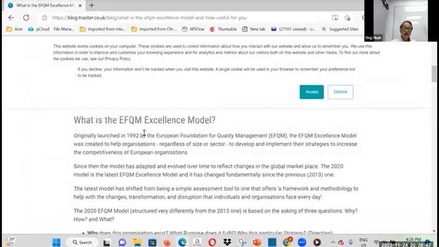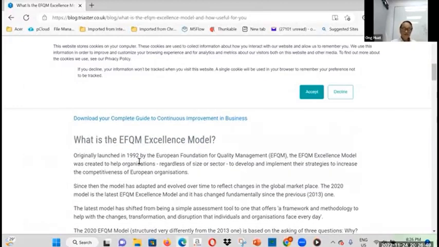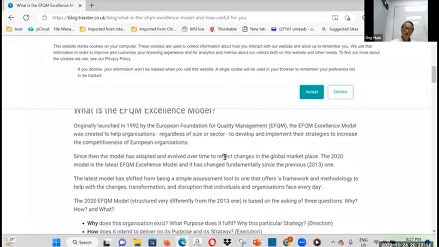So this model was launched in 1992 by this European foundation. So now you know E is European, F is Foundation. Otherwise, there's no meaning. Everybody can have his abbreviation, right? So it stands for European Foundation for Quality Management.